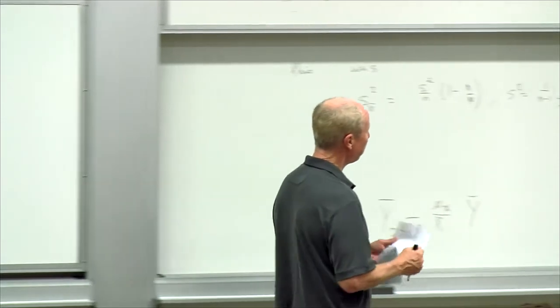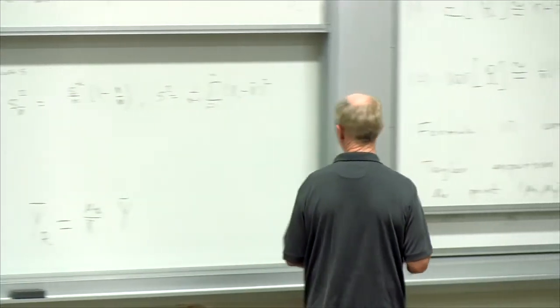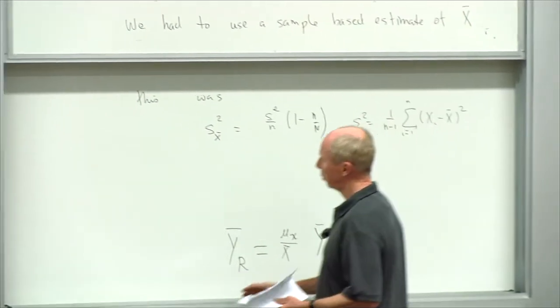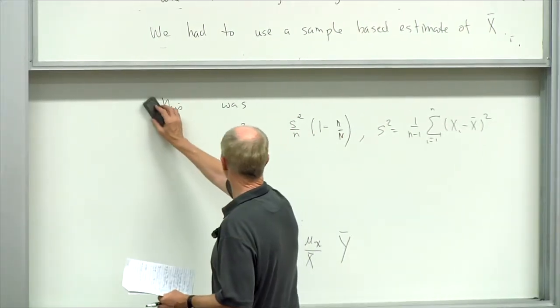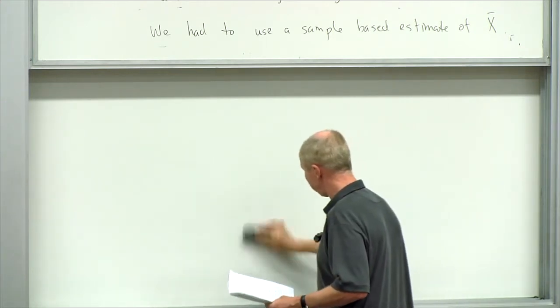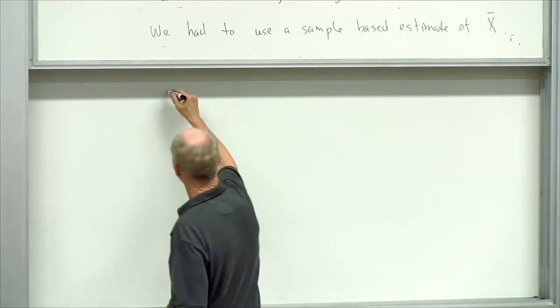So how would you get a confidence interval for capital R? Well, we won't prove this, but we use the central limit theorem.